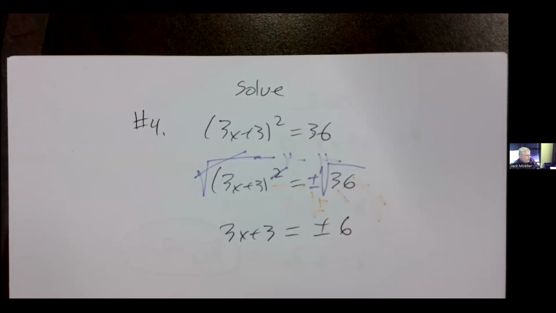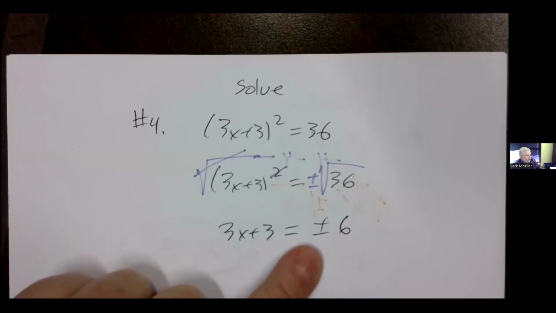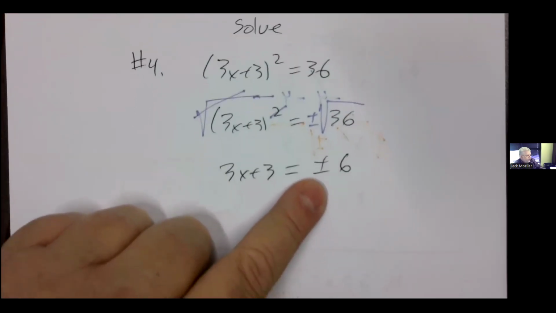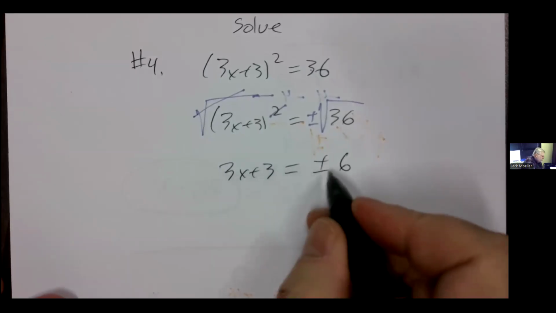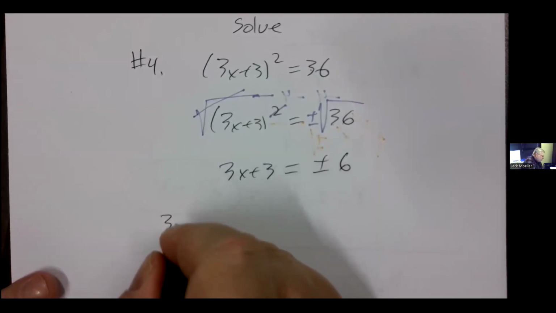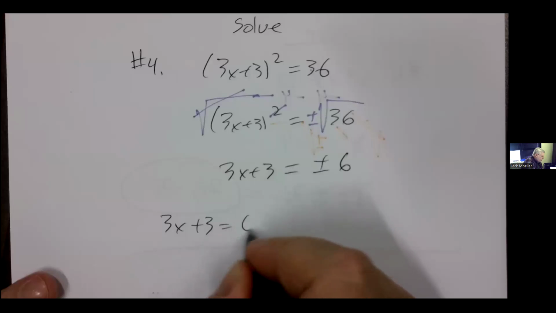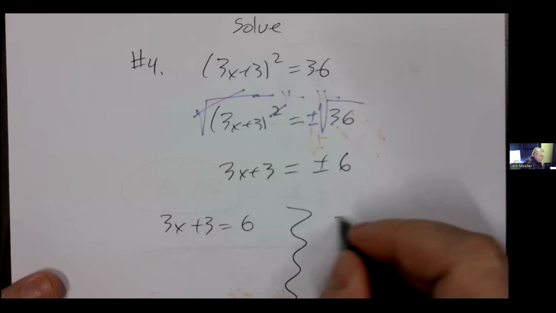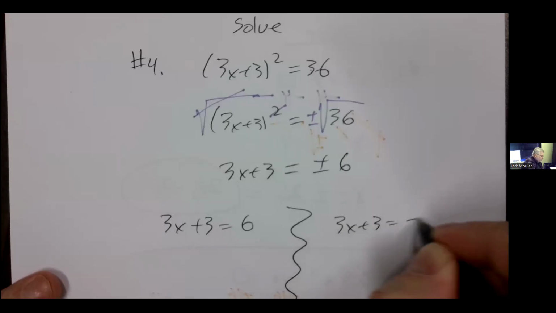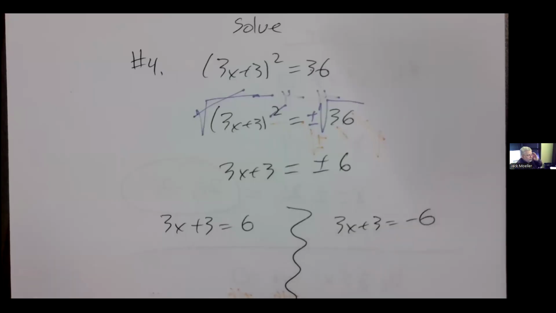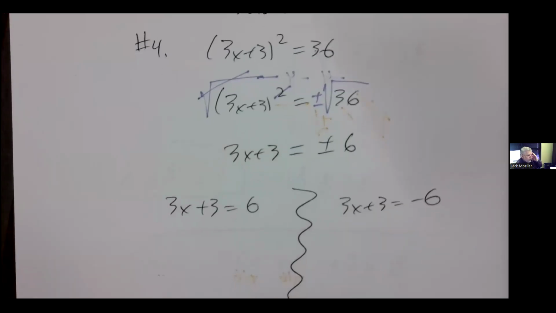But we're not done because we don't have x equals. So how do we get x equals when we have this plus or minus? Well, because of the plus or minus, we need to split this up into two problems. So 3x plus 3 equals positive 6, and then 3x plus 3 equals negative 6. So we split that up into two separate equations.